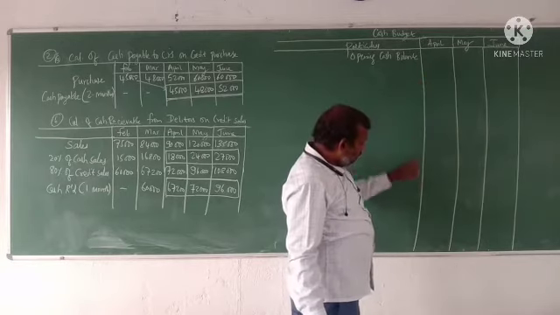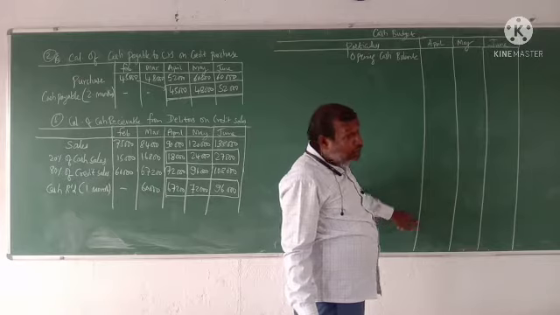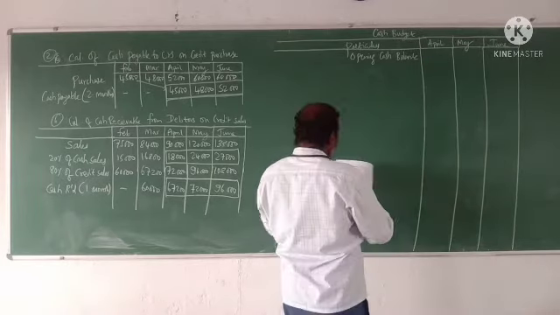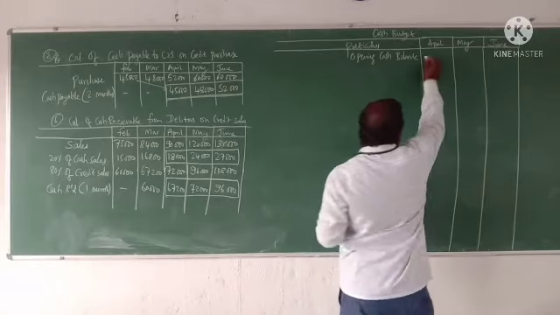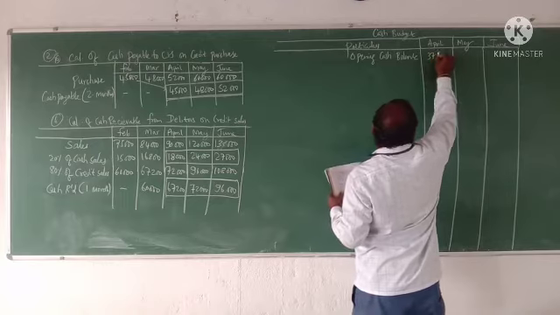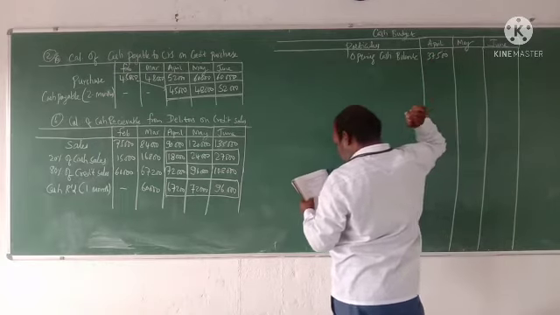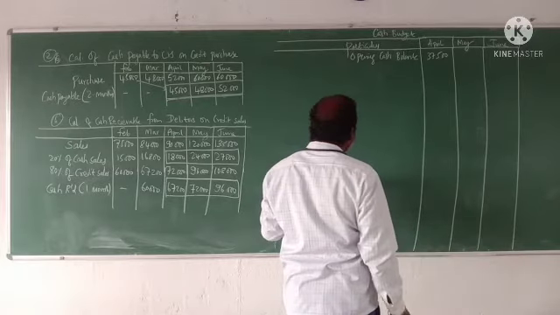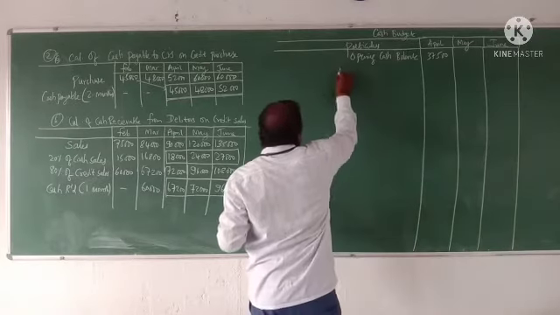How will we get it? The closing balance of April will be taken as the opening balance. Okay. While doing the problem, you will understand. So opening balance 37,500. Now take the receipts.